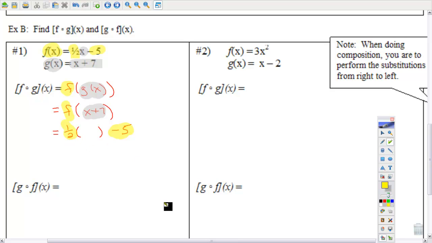It's 1/2 times something minus 5. In this blank spot, we're supposed to put an x plus 7. So essentially, all we did, took this function right here, replaced this x with x plus 7. That's what just happened.